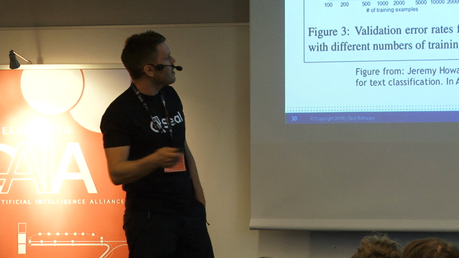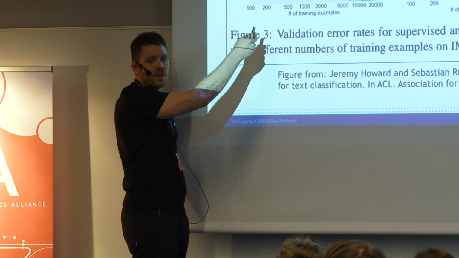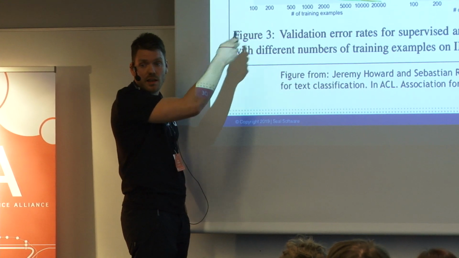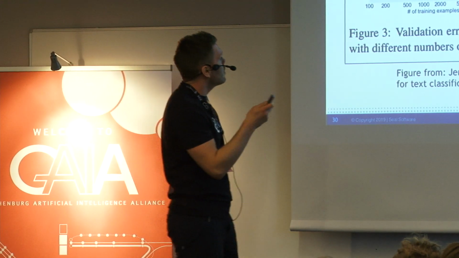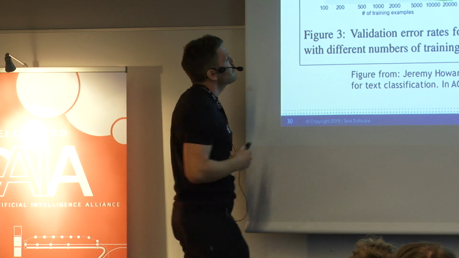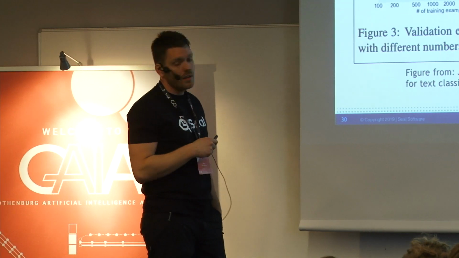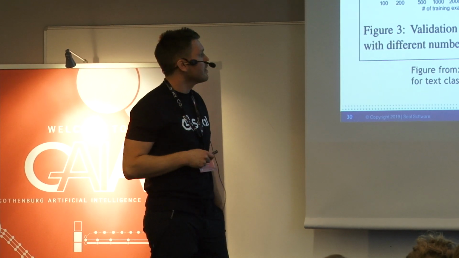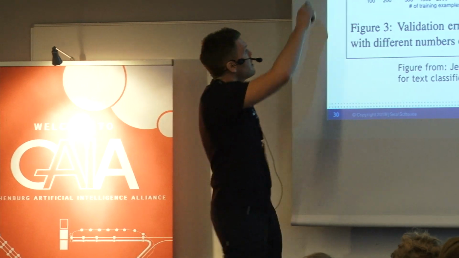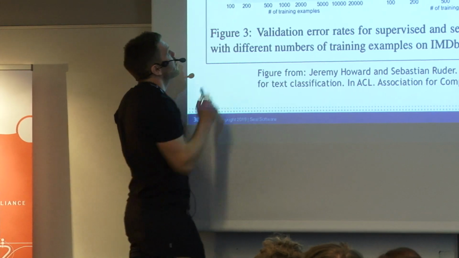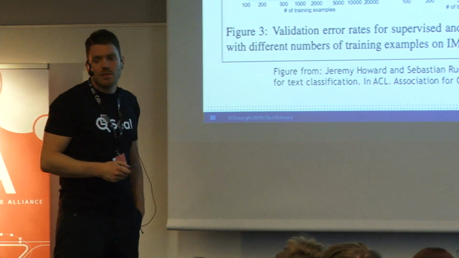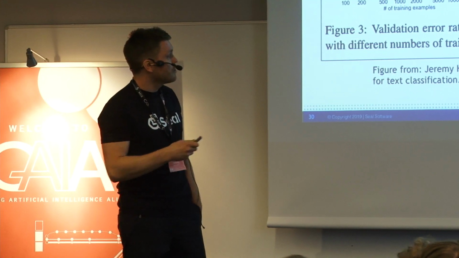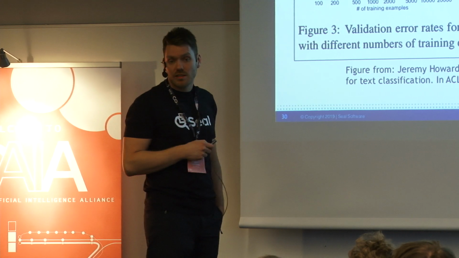But if we do the same thing, this green line is when we have trained the language model first, using a lot of unsupervised data. Then if we use the same 100 examples, we really get down to 10% error rate. And for the untrained network, we would have to go asymptotically to 20,000 examples to get to the same error rate.